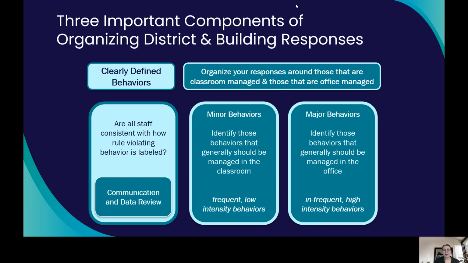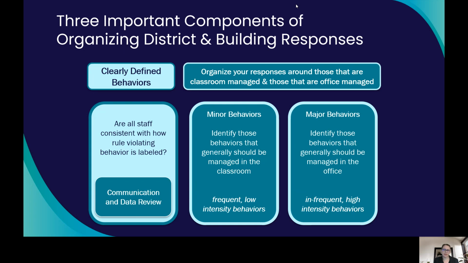In most schools, if I were to ask 20 different staff to define disrespectful behavior, I would probably get 20 different responses. To address this, it's best to start by developing clarity around what is considered a major behavior that needs to be addressed by administration or a behavior support team versus a minor behavior that should be addressed by staff.